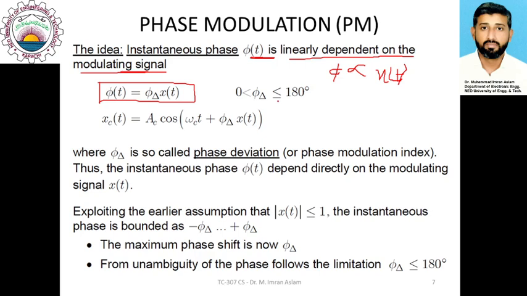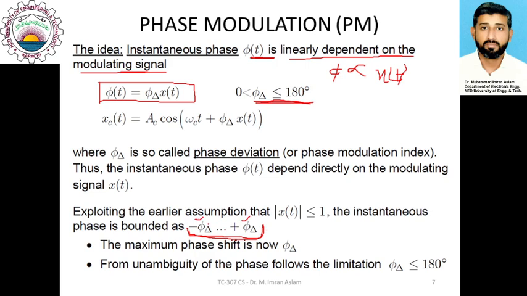And of course, in order to avoid ambiguity, this phi_delta should be kept smaller than 180 degrees. If phi_delta is greater than 180 degrees, we will not be able to demodulate the signal, because there will be an ambiguity in the phase because of changes of more than 360 degrees. So the maximum phase change in the modulated signal would be from minus phi_delta up to plus phi_delta.